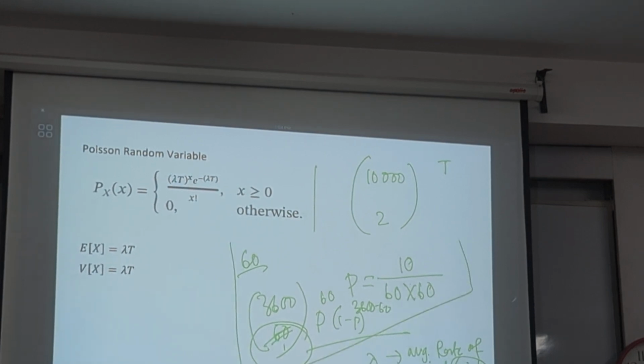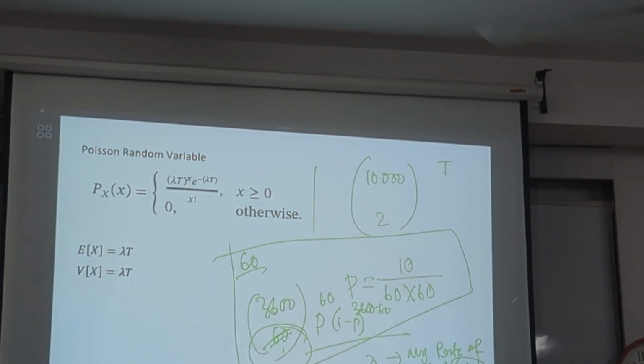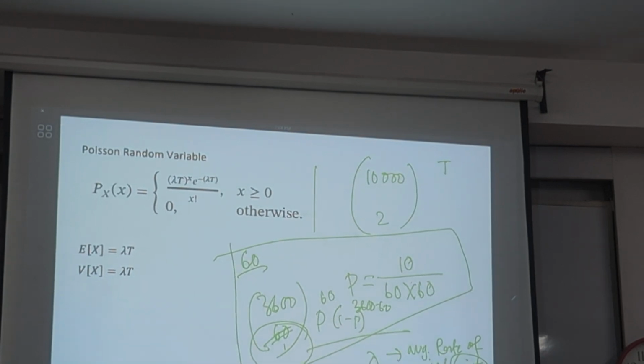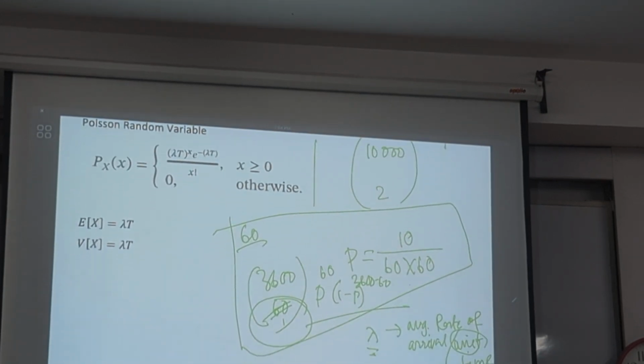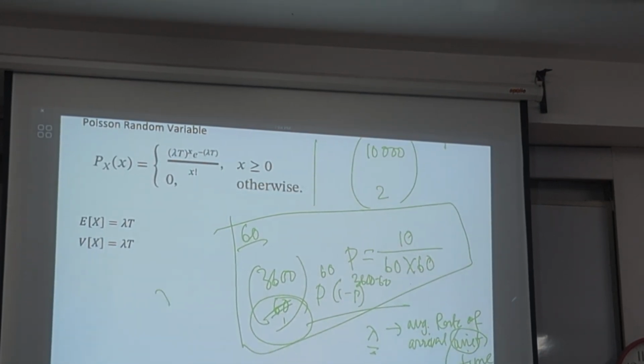So what is the average number of arrivals in this time period T? It will be lambda T.